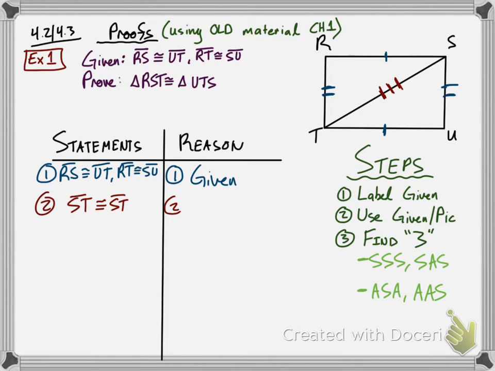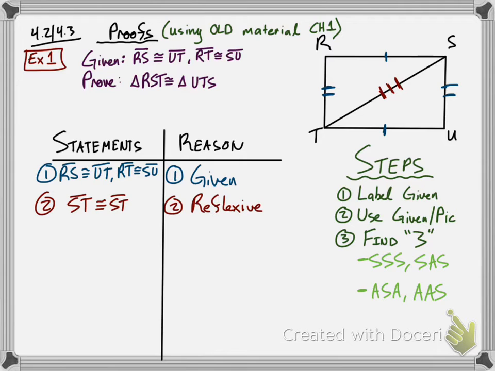And our reasoning here is that this is what we call reflexive. And that's it for our picture. There's nothing else that we can use here, so don't ever try to force something to be there that is not.